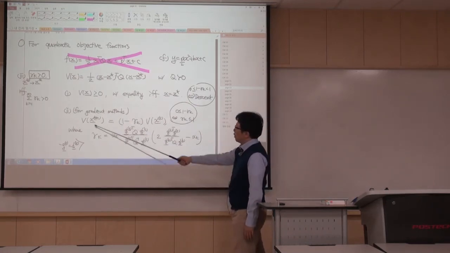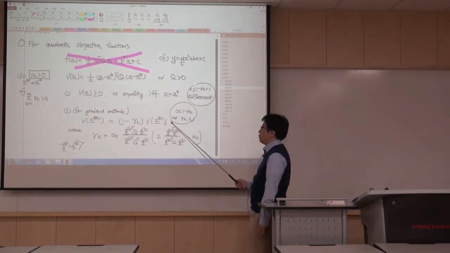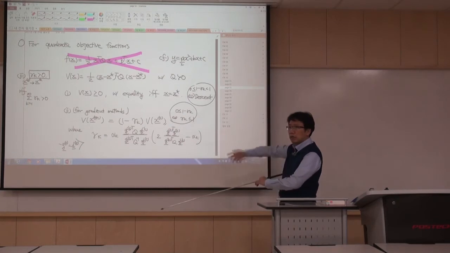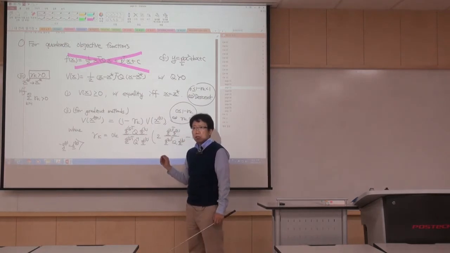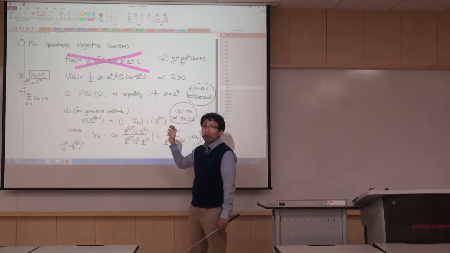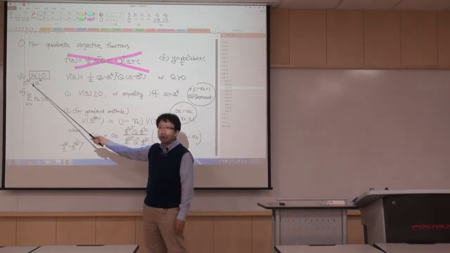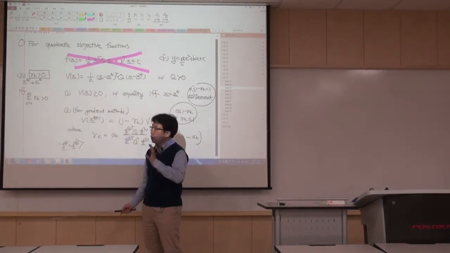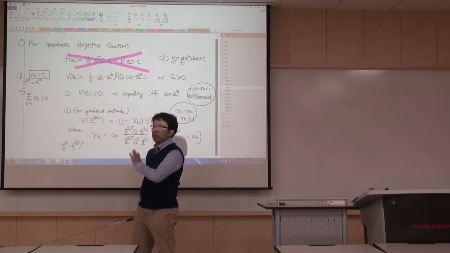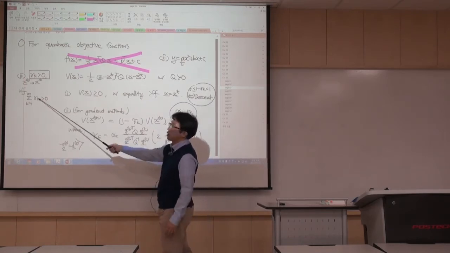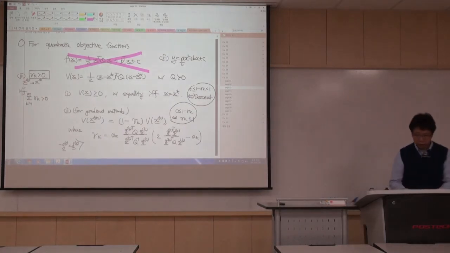If you plug in here 1 minus gamma sub k minus 1 times v of x k minus 1 and repeatedly substitute, you will see the product of 1 minus gamma sub k's. This infinite product converges to 0 if and only if this holds. So you will show that the sum of gamma sub k's blows up if and only if the product of 1 minus gamma sub k's tends to 0. And that is your homework problem.